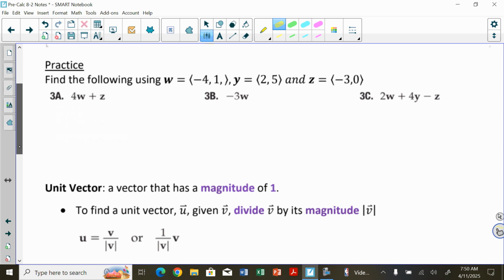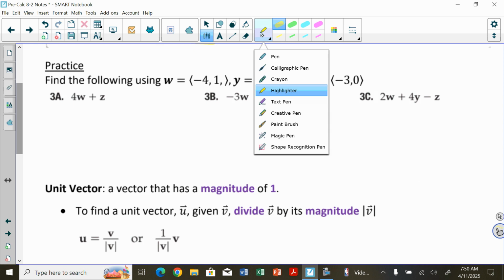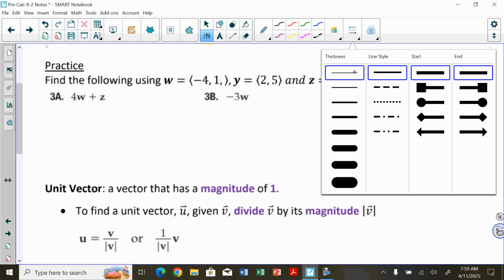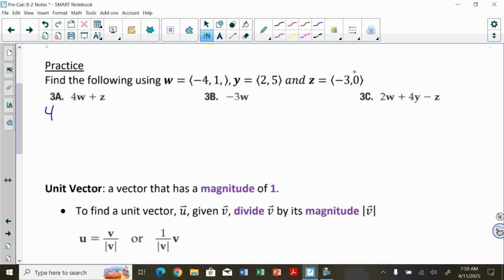Now we can do the operations as follows. So let's practice those. We've got W, Y, and Z here, so let's go through it. All right, so let's start with 4W plus Z, number 3A. So 4W is going to be 4 times this vector here, negative 4 comma 1, and then plus Z, which is over here, negative 3, 0.